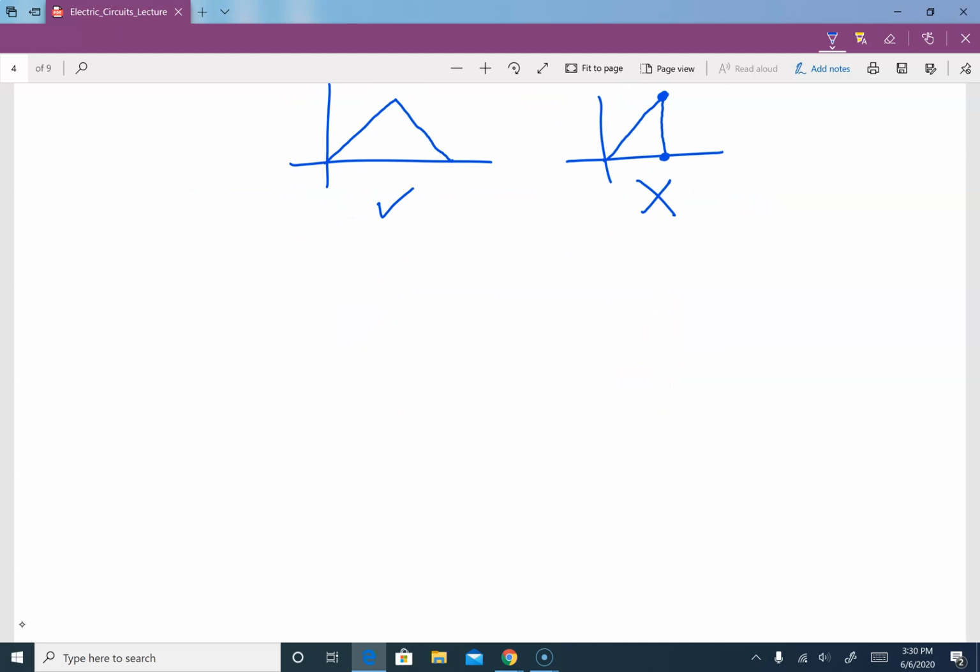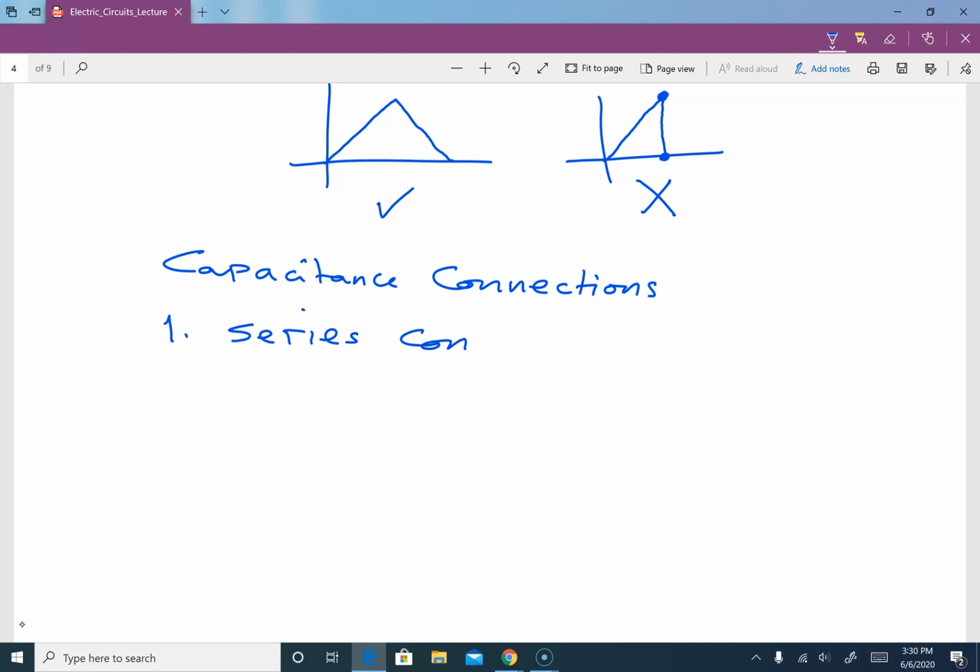The second topic over here is about capacitance connections. The first connection is the series connection.